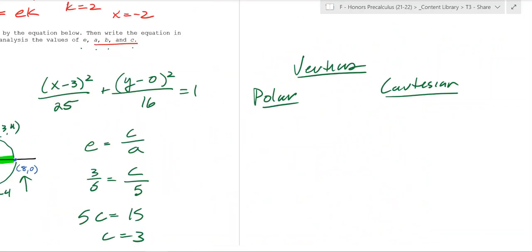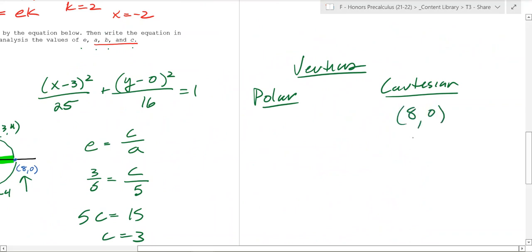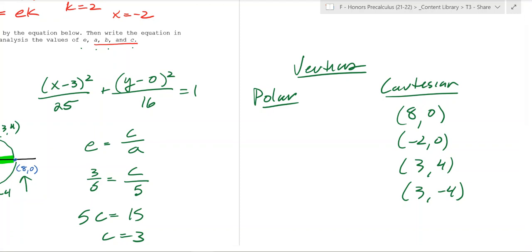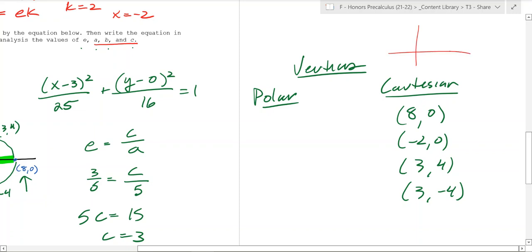One thing you will have to do is write out all of the vertices in polar and Cartesian form. The ones we found over to the left were in Cartesian form. So you have these points here. You need to know how to convert between the two. It's the distance from the origin, and then the angle measure, which scoops out from the positive x-axis.